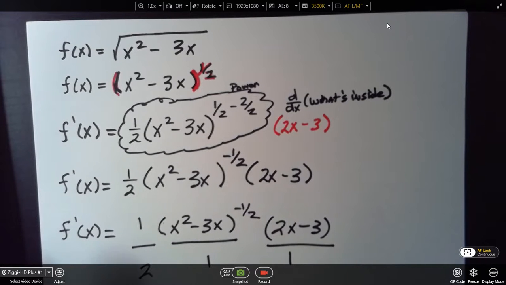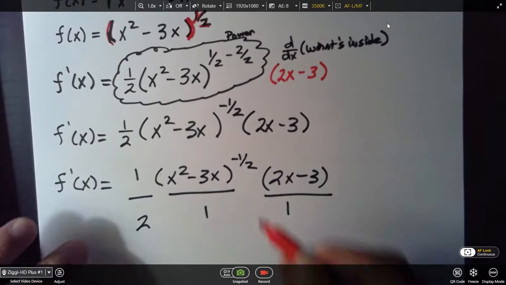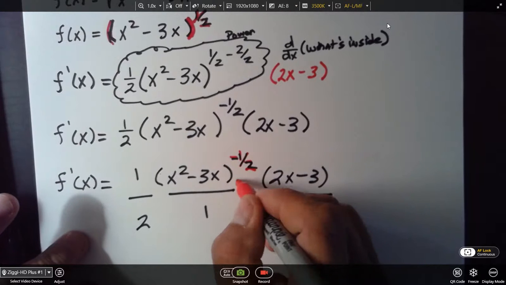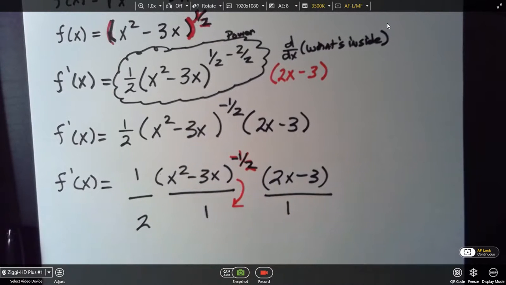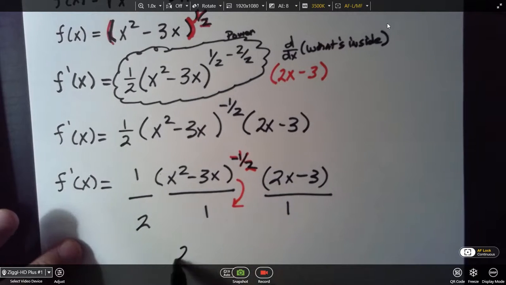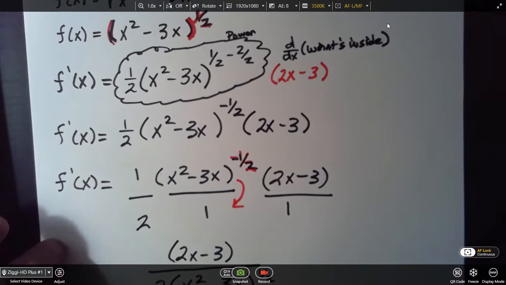So about the only thing I can do is, since this is a negative exponent, bring this part downstairs. And that's going to leave me with 2x minus 3 times 1 over 2 times x squared minus 3x to the 1/2 power.